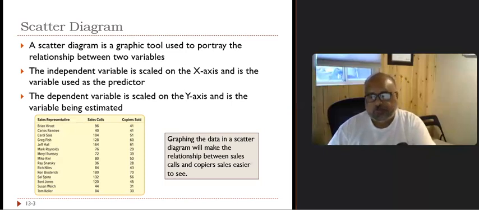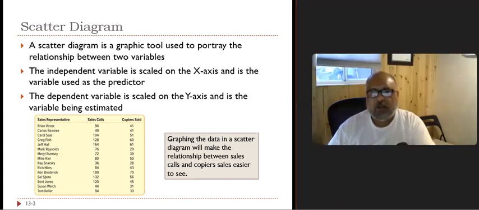For example, a sales manager wants to know if there is a relationship between the number of sales calls made in a month and the number of photocopy machines sold that month, and begins the analysis with a random sample of 15 sales representatives.